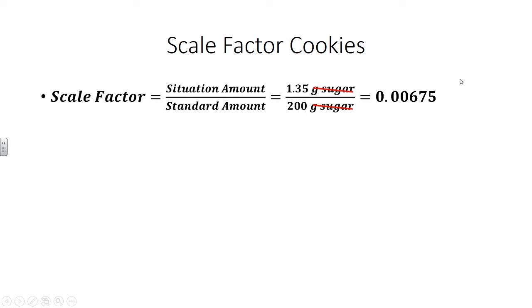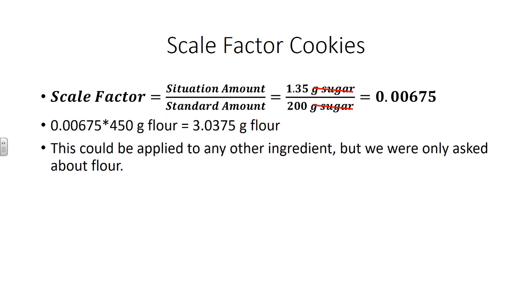And that's our scale factor, a dimensionless number, which we can multiply by the amount of flour. So that tells us that we will need 3.0375 grams of flour. I could apply this to the whole recipe, and if I was actually making cookies, I would need to. But the question only asked me about the flour, so I'm not going to do every other ingredient. I'm just going to do the flour and move on.